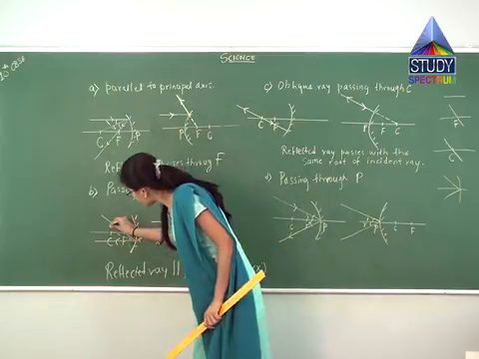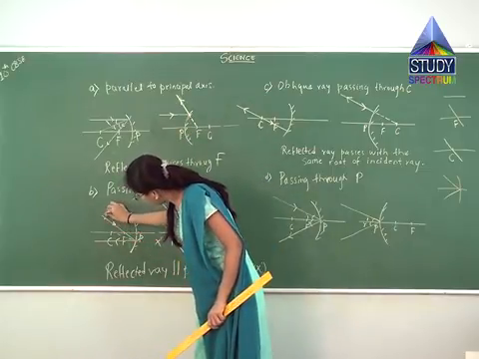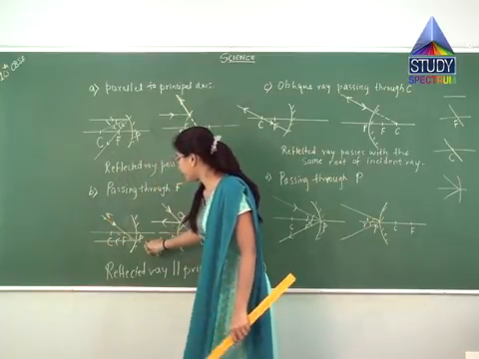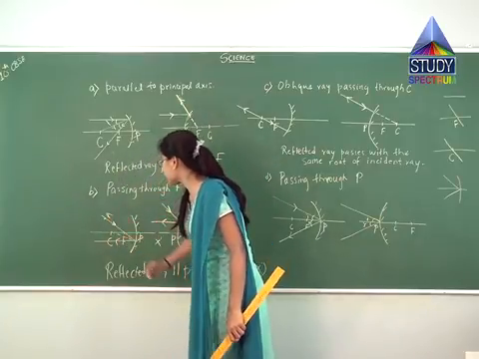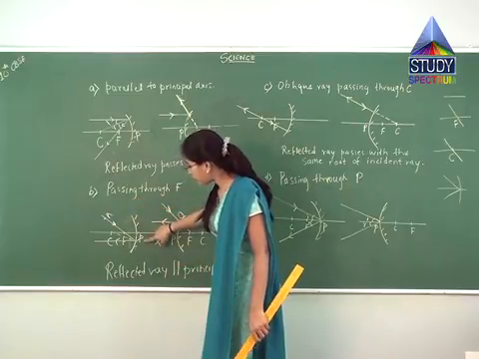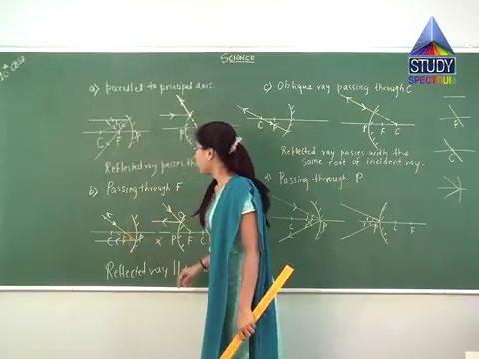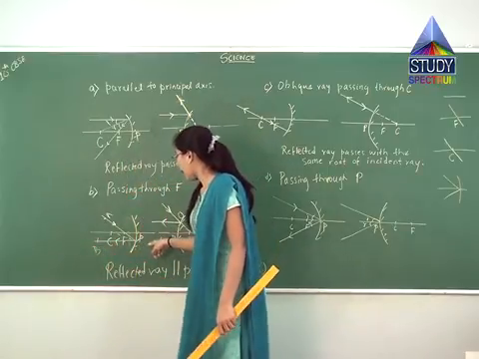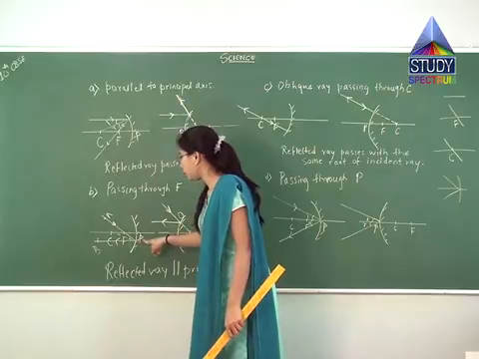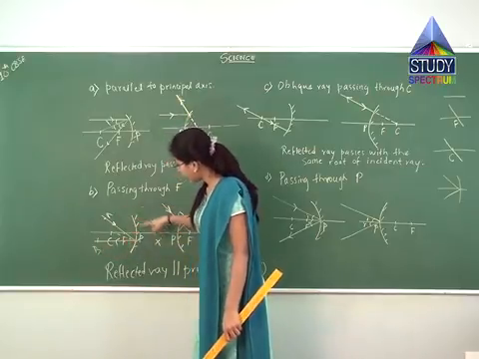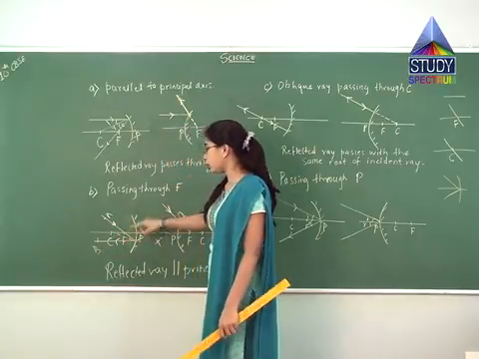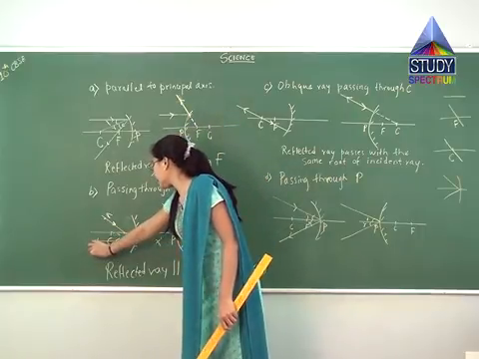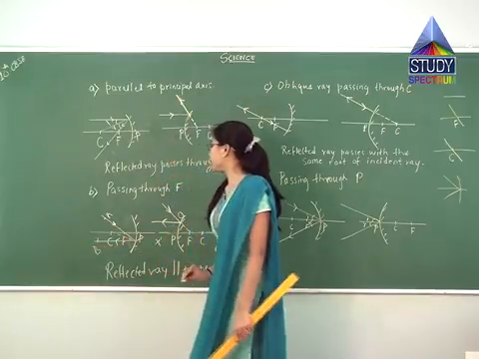Suppose this is your point A, and this is P, and suppose this is C. So angle APC, suppose here you have B, is equal to angle CPB, means APC is the angle of incidence and CPB is the angle of reflection here.